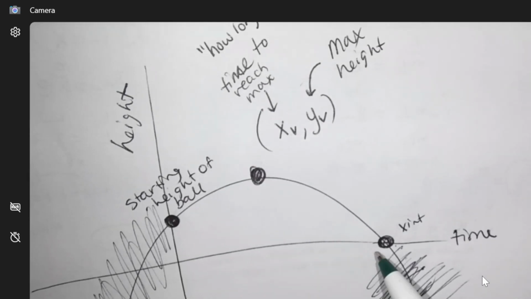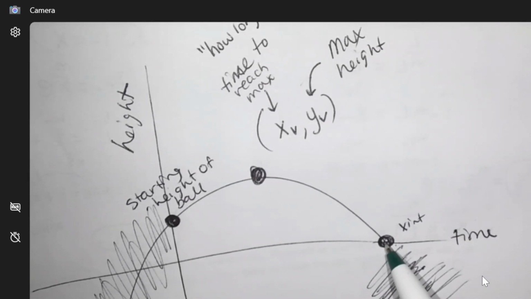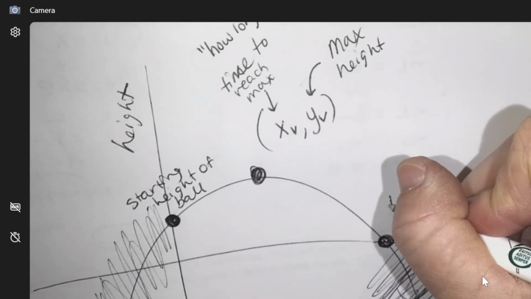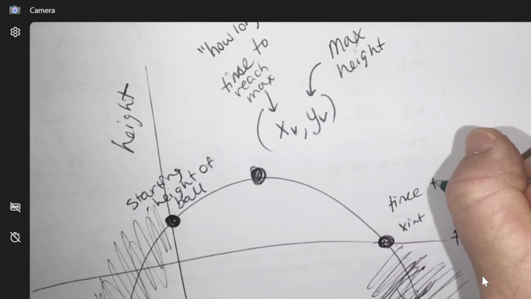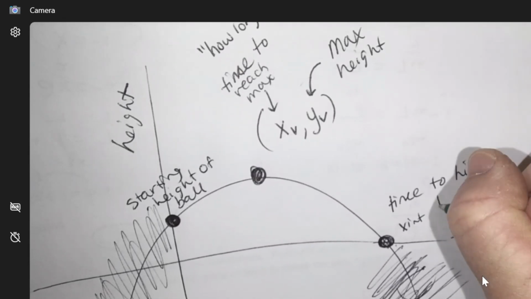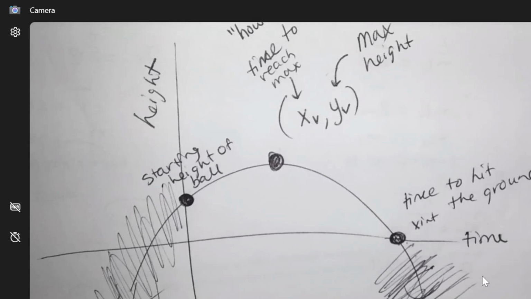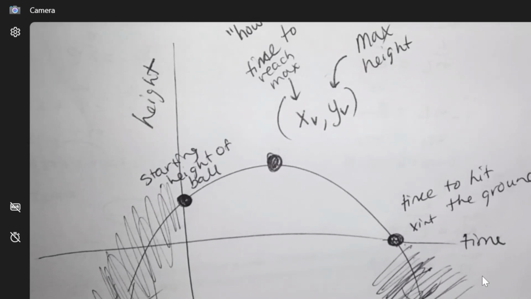Let's pretend that it was 11 seconds. So what is it telling me? 11 seconds is how long it's doing what? Time to hit the ground, really how long in total it traveled for in the air.